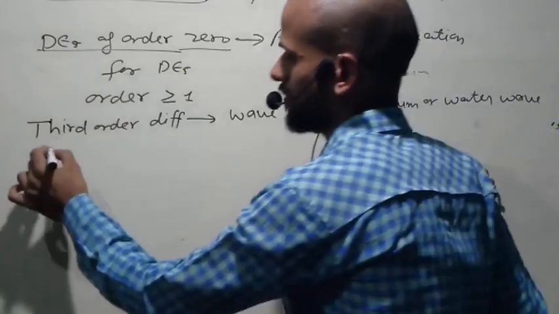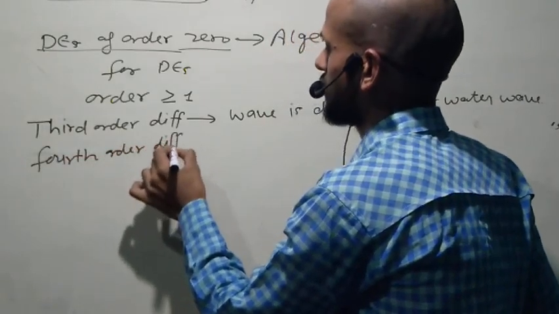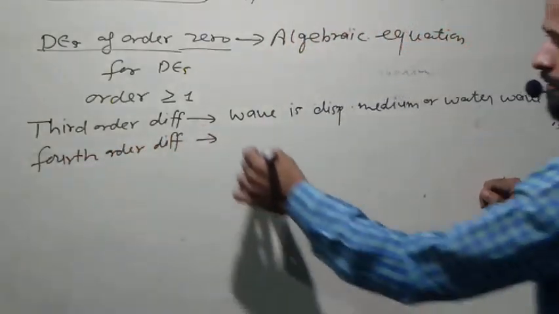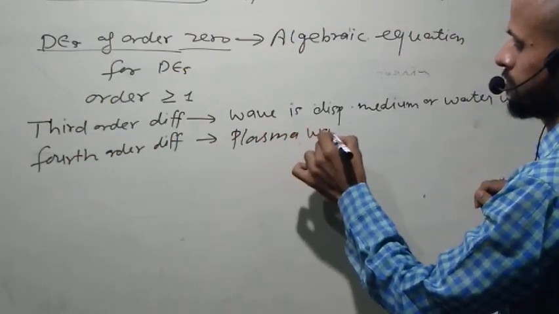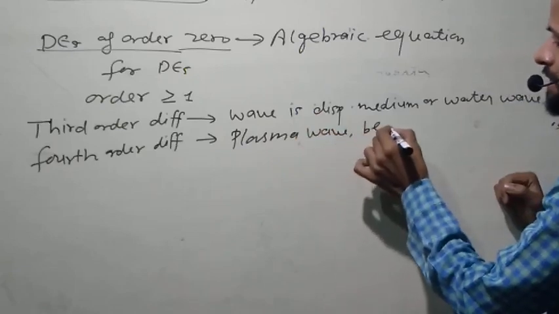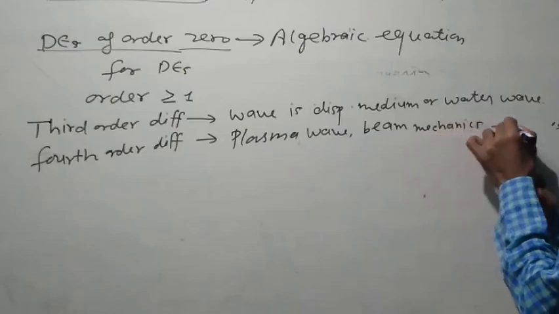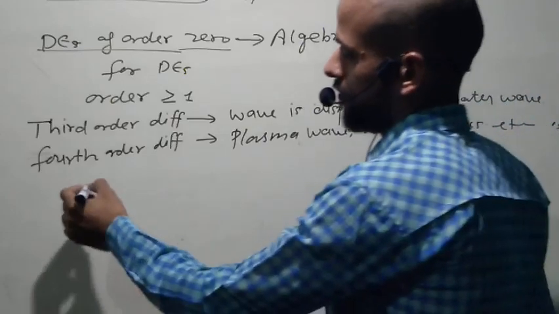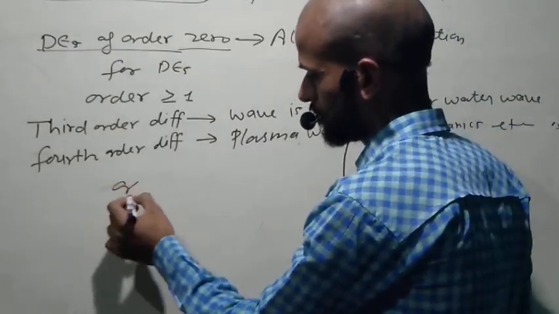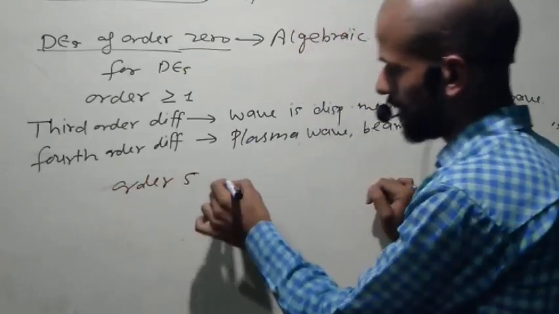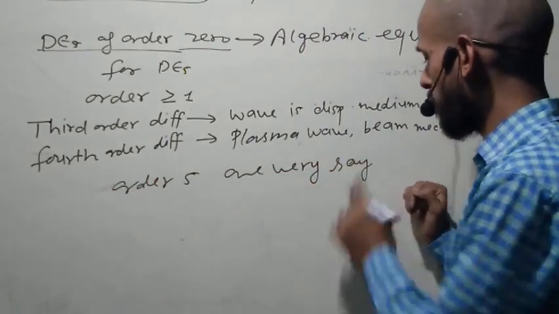Fourth order differential equation appears in plasma waves, beam mechanics, etc. And differential equations of order 5 or greater than 5 are very rare.